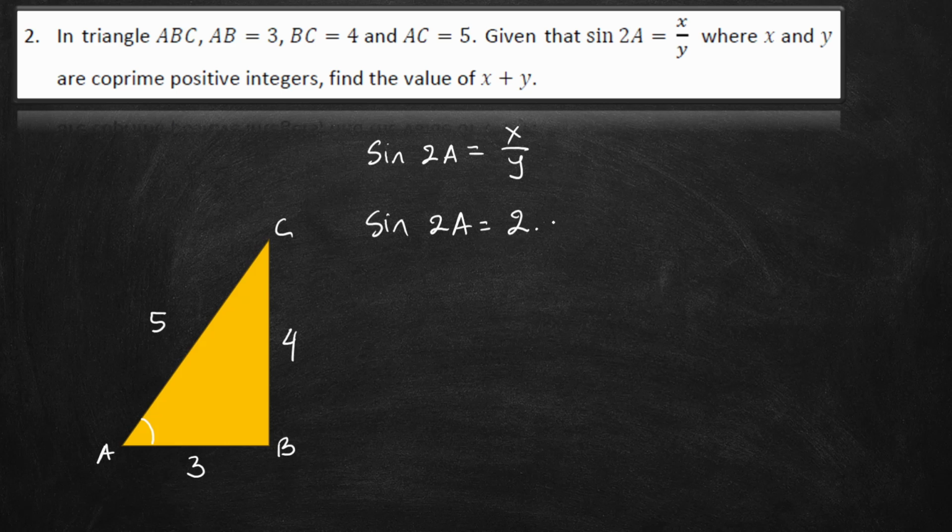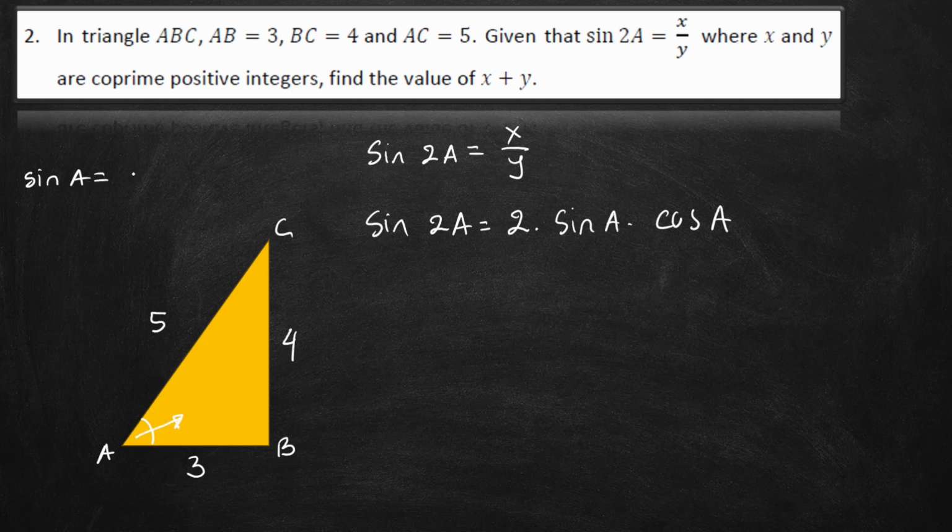The sin 2A can be expressed as 2 times sin A times cosine A. So now we need to find out what is sin A and what is cos A. And since we already have this triangle, it's easy to find sin A. So this is the angle A, right?